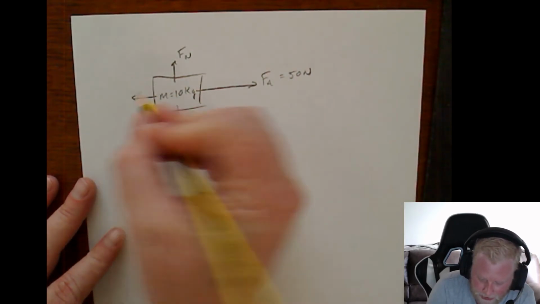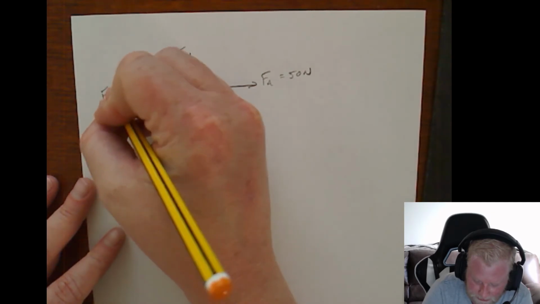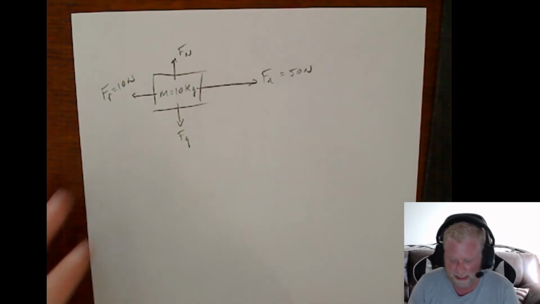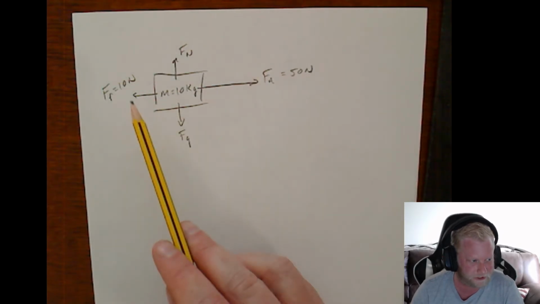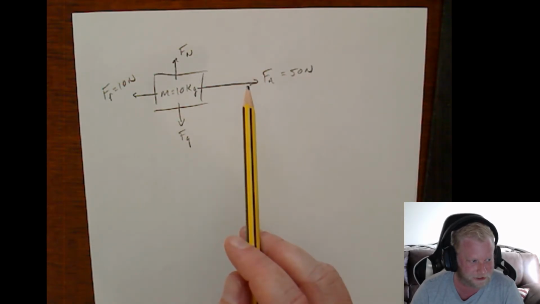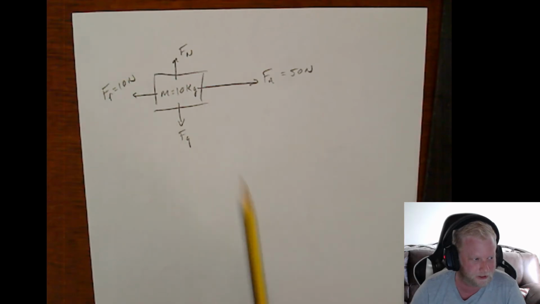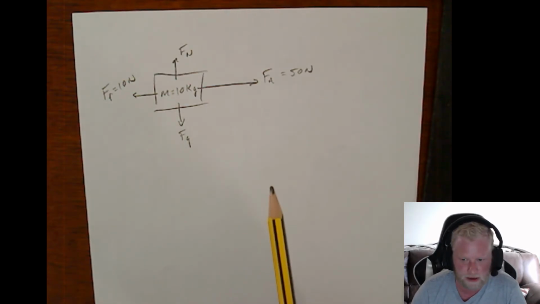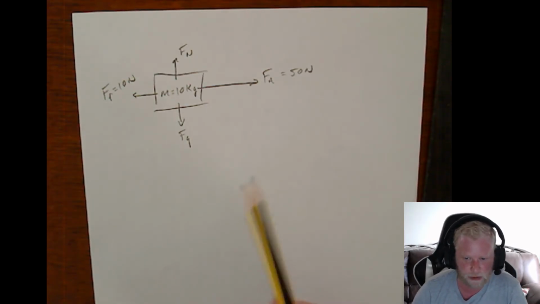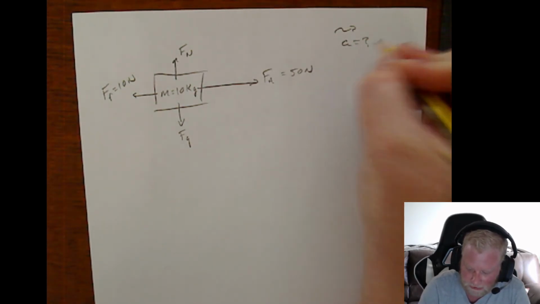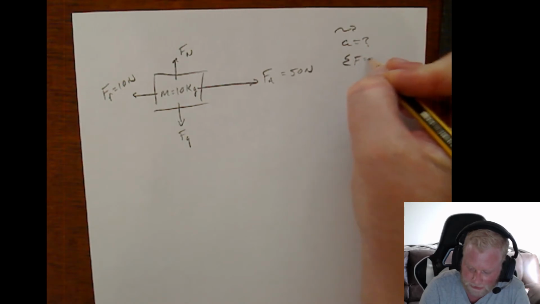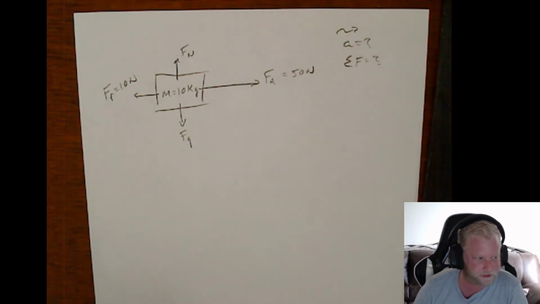We know that there's a frictional force of 10 newtons. And again, remember on your free body diagram, if a force is bigger than the other, make the magnitude of that vector arrow bigger. And we want acceleration, we want net force, and we want the normal force.